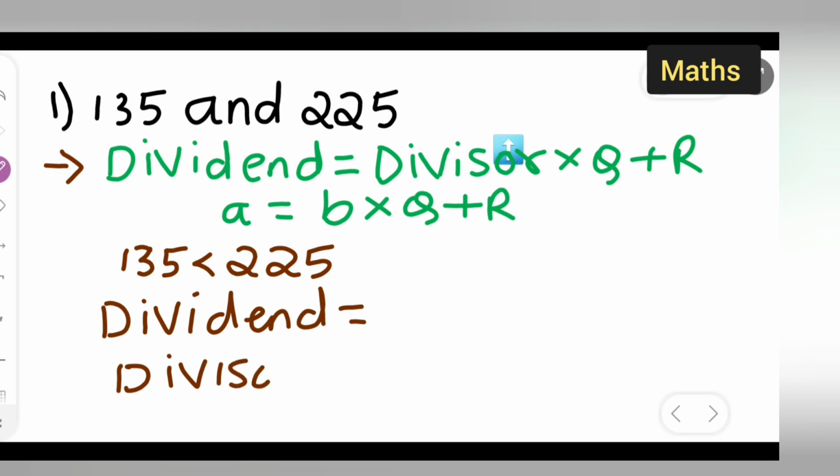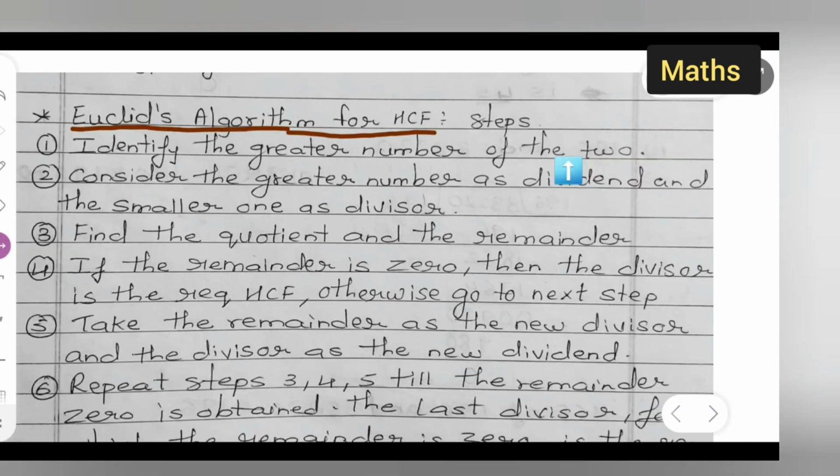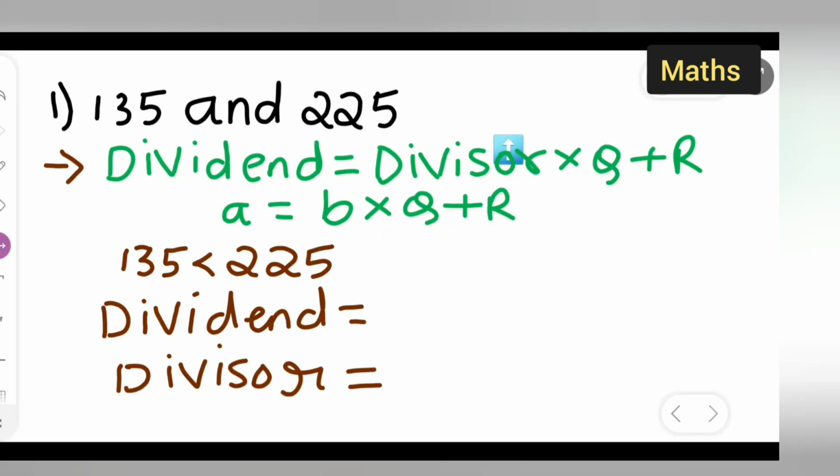These two things we need to know, but the first step was what? Identify the greater number of the two. So 225 is the greater number among these two numbers.